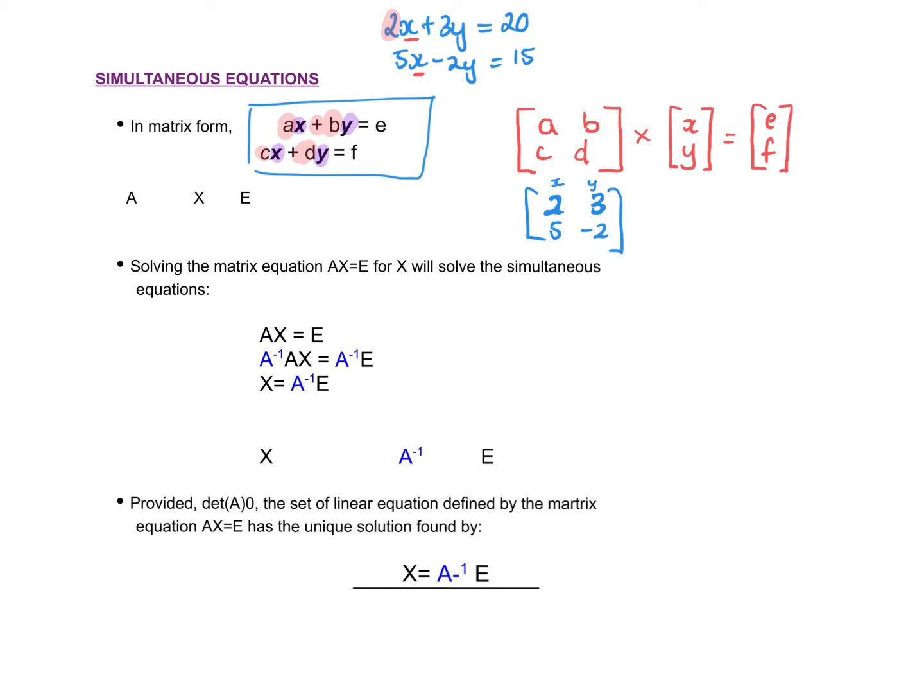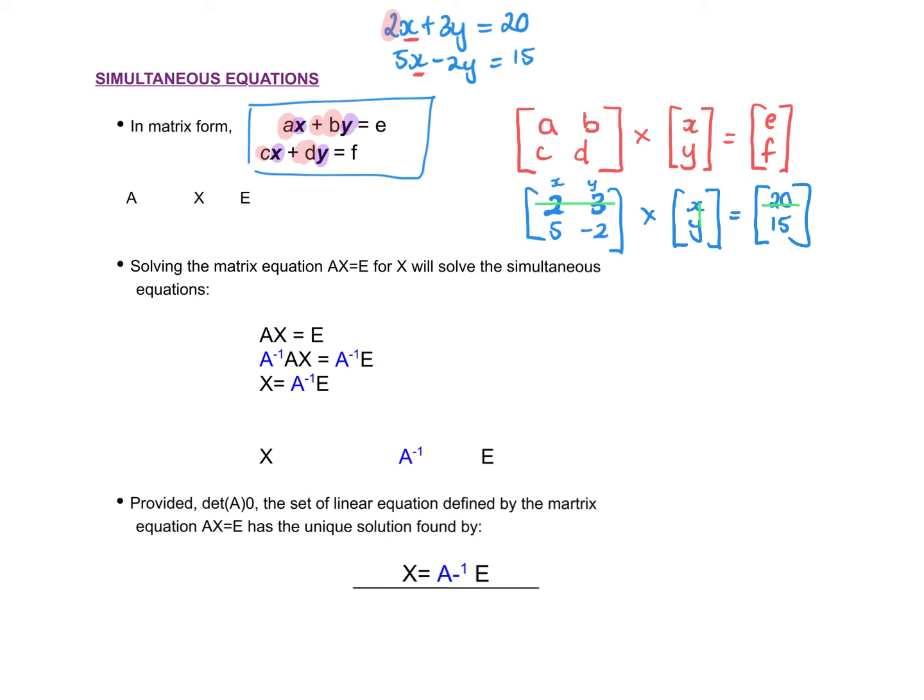Then we write times, and x and y are my unknowns in my equations up there. Sorry, it's a bit hard to see. And then I would write equals 20 and 15. So essentially, across here is the first equation, and that's the way we set it up.